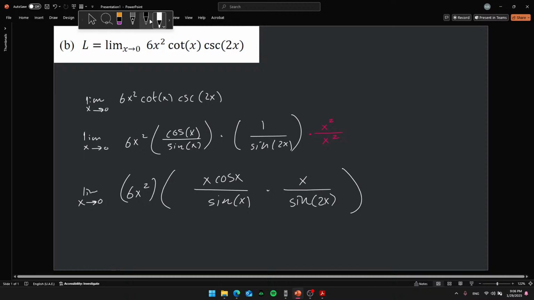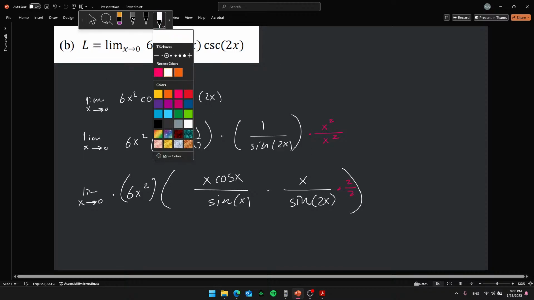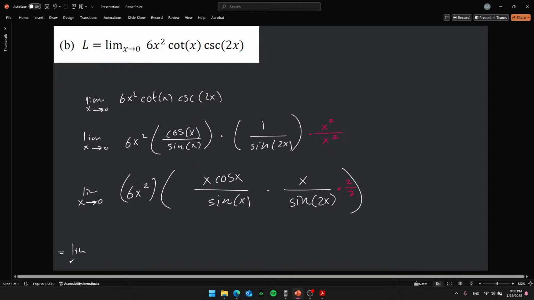And I will multiply the second one by 2 over 2 to match the angle. You'll get limit as x approaches 0 of 6x squared, x cosine x over sine x times 2x over sine 2x. I'm not going to use the substitution because apparently the instructor didn't do it.